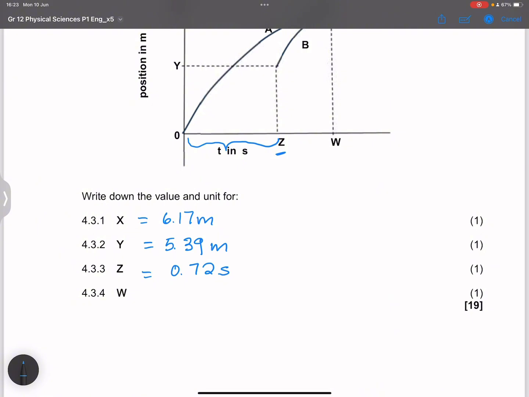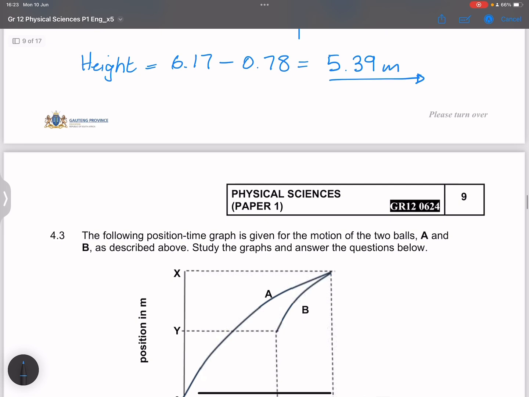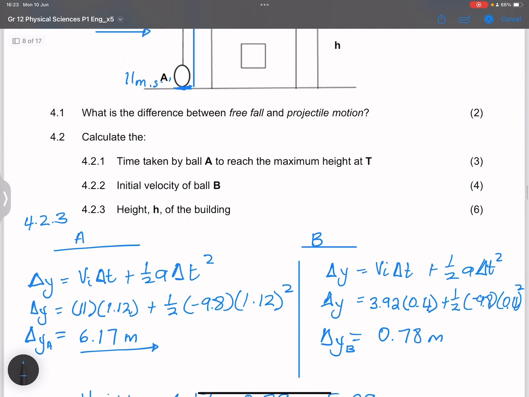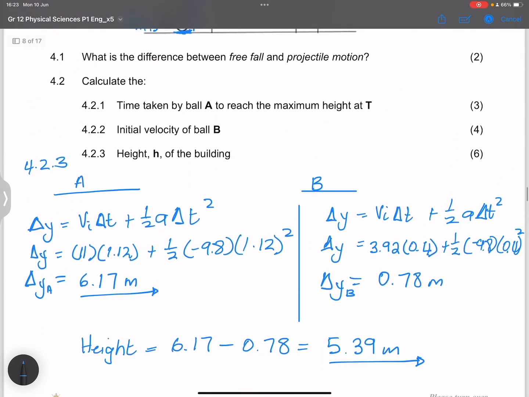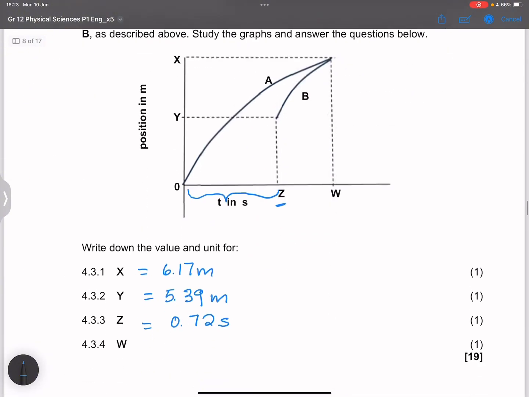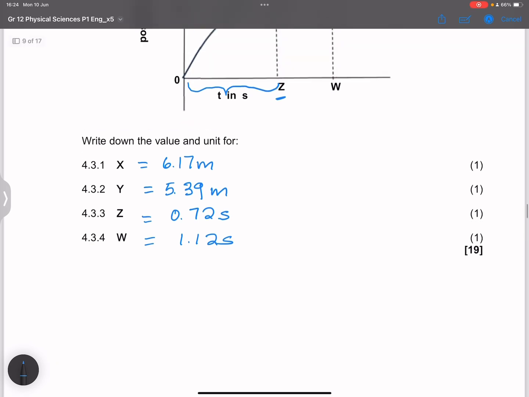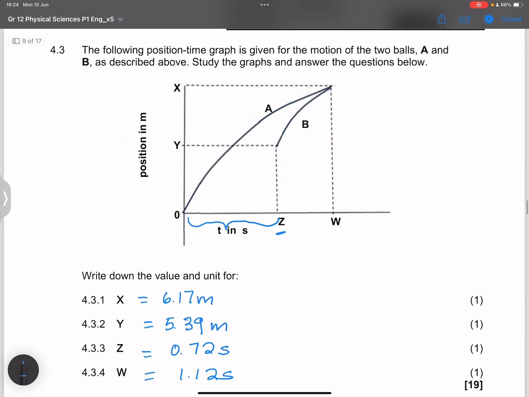Okay, and finally W, that's the total time of flight for ball A. In fact, not the total time of flight rather, but the total time until maximum height. That's 1.12 seconds.